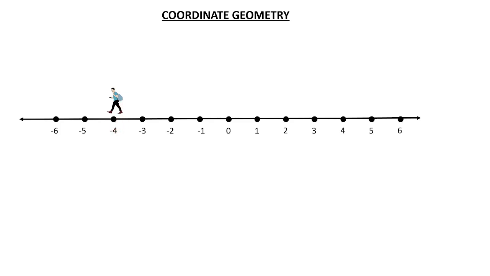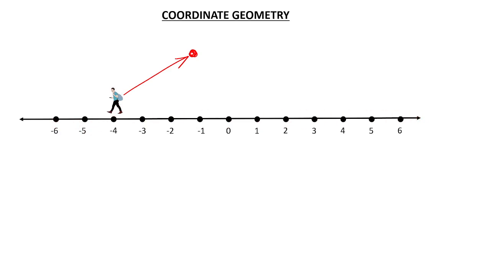But the problem is, if the person travels in this direction, standing here, we cannot clearly say the position of the person using this number line. We can specify the position only if he travels along this number line.